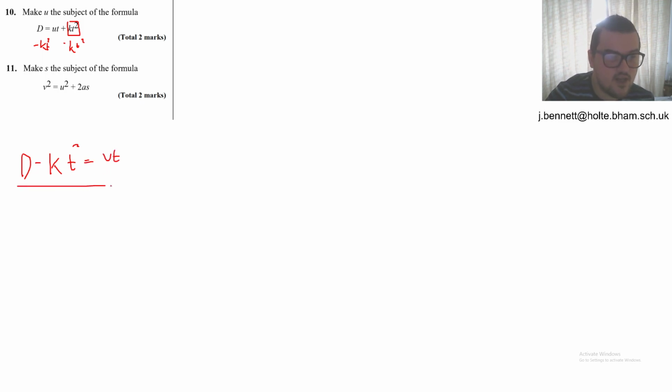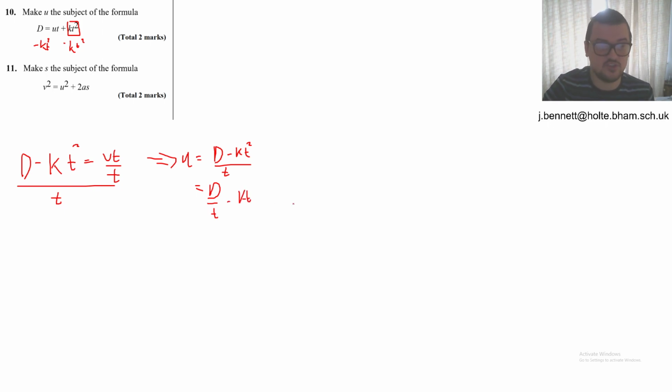Then we can divide everything by t on both sides because we're looking for u only. We get u equals d minus kt squared all over t. You can also express this as d over t minus kt, whichever one works for you, that's fine.